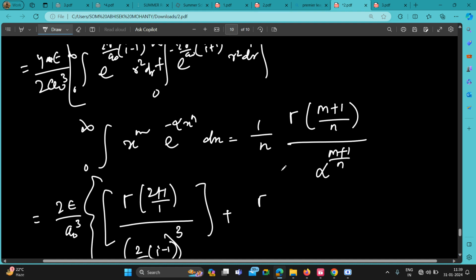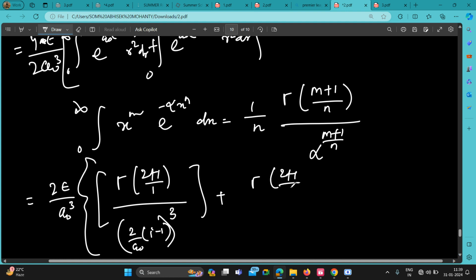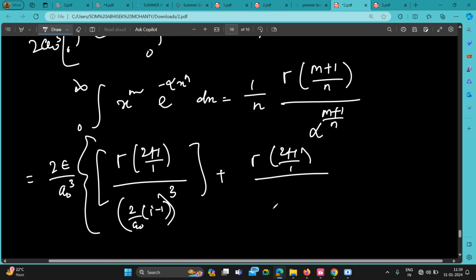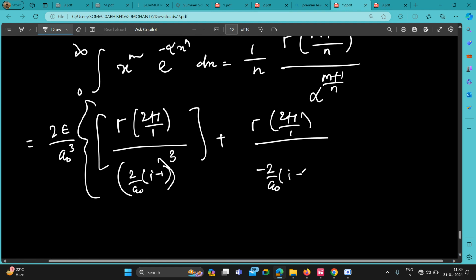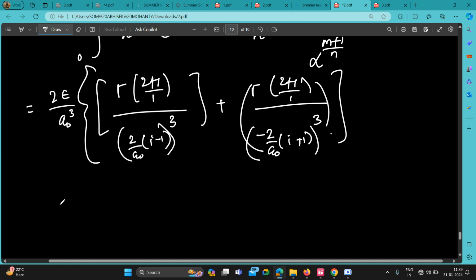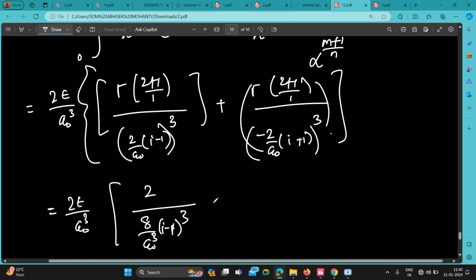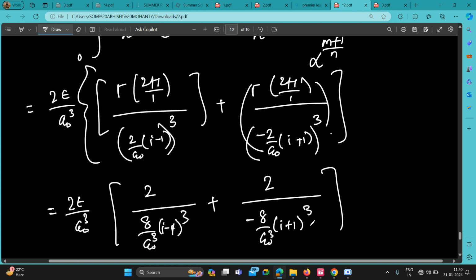Plus gamma, same thing here also, 2 plus 1 by 1 divided by minus 2 by a naught (i plus 1), 3. So 2 epsilon by a naught cube, gamma of 3 is 2, and this remains as it is, a naught cube (i minus 1) whole cube, plus gamma of 2 divided by minus 8 by a naught cube (i plus 1) whole cube.